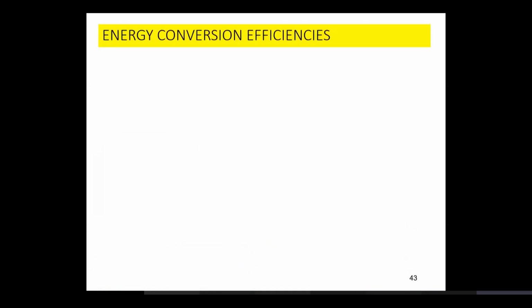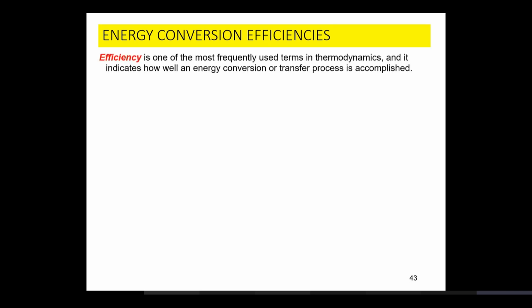We'll move on towards the last half of the second chapter, which is basically dealing with the energy conversion efficiencies. Efficiencies are very frequently used in thermodynamics, and they indicate how perfectly you are converting your energies as a result of the heat transfer or work done on the system.